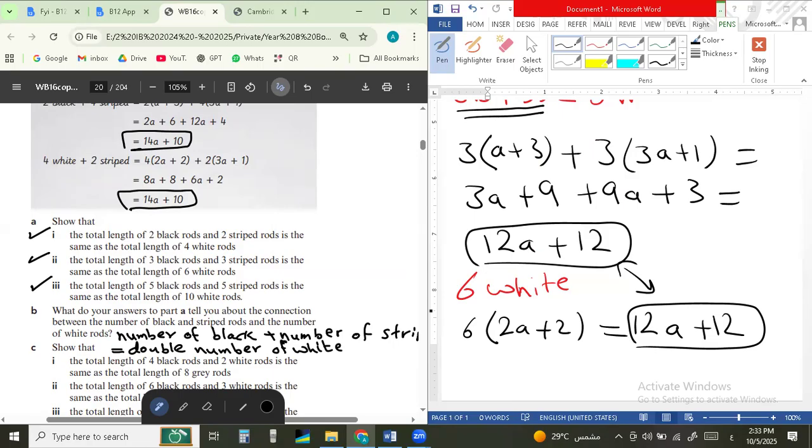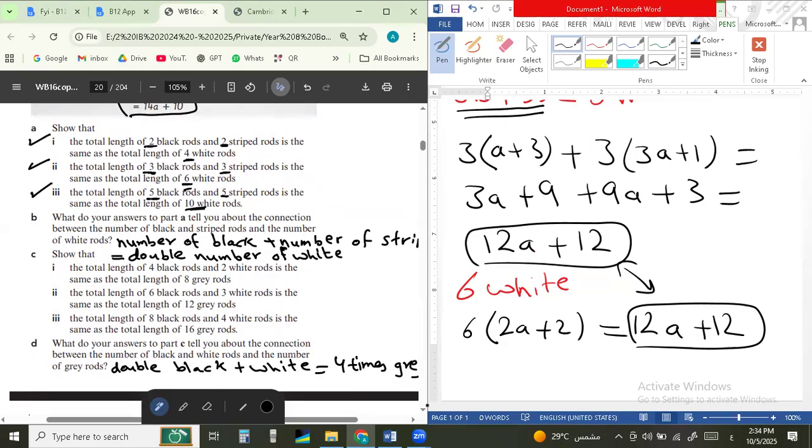Like here, for example, when I had 2 and 2, it was equal to 4 of the white. When I had 3 and 3, it was equal to 6 of the white. Number of 5 and 5, it was equal to 10 of the white. So number of black plus number of striped is double number of white.